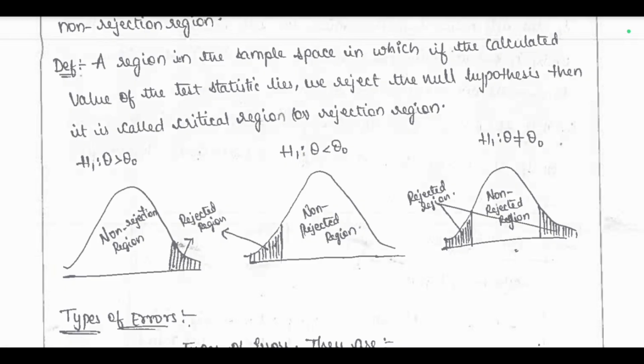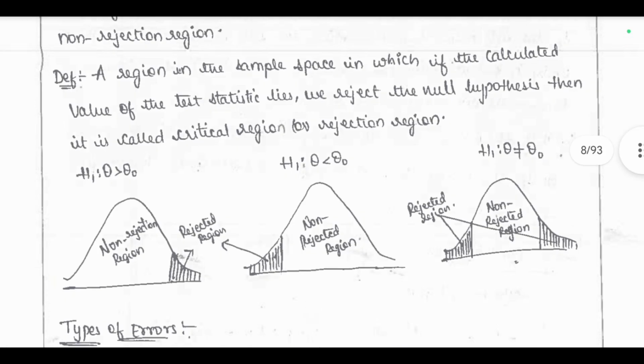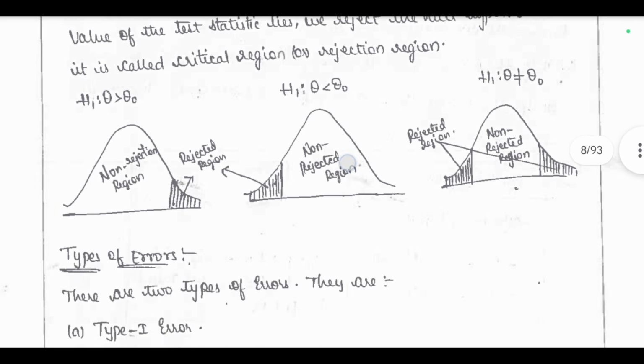If theta is less than theta naught, that is a left-tail test, and that is also the rejection region, with the non-rejection region here. And for H1: theta is not equal to theta naught, both sides have the shaded values, the rejection regions, and in between is the non-rejection region, that is, the acceptance region.